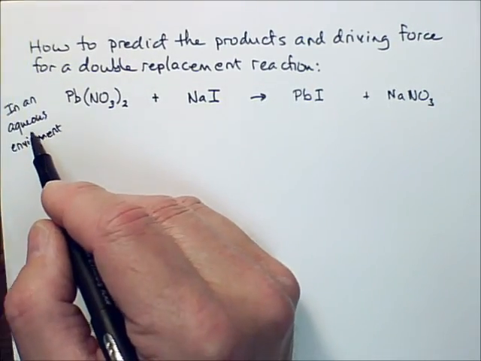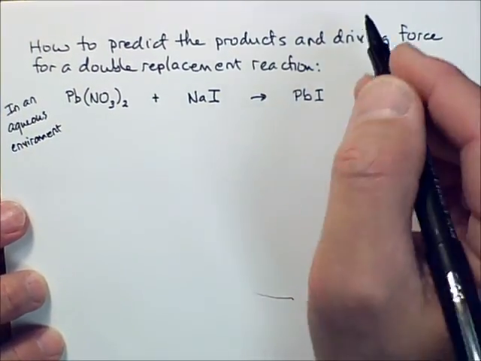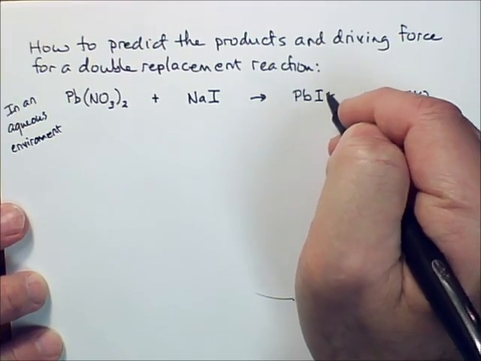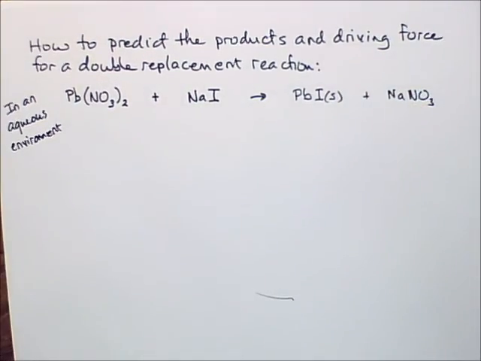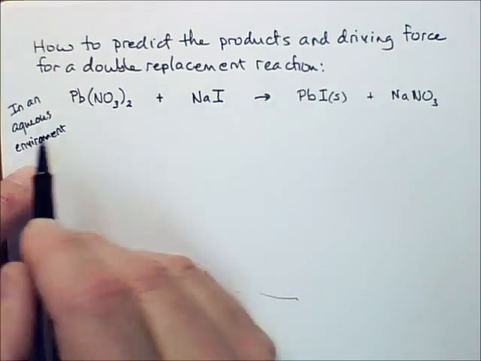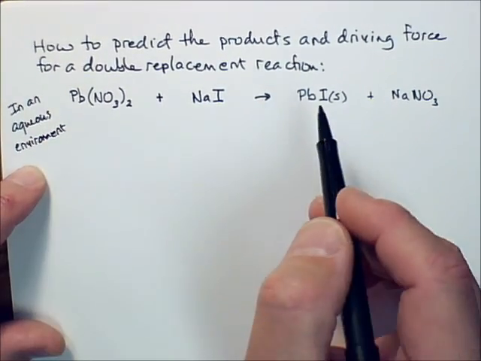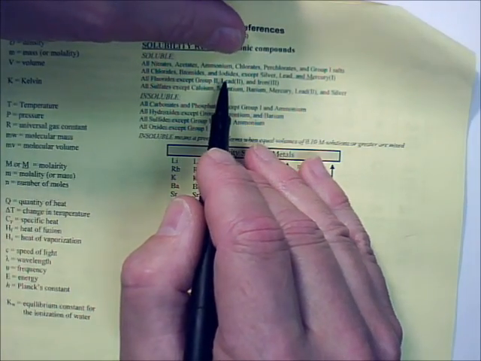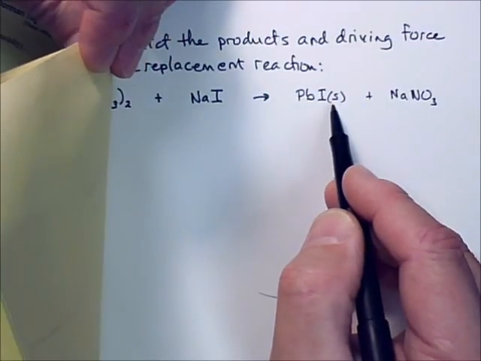When there's an aqueous environment, insoluble means it's a solid. Okay, let me repeat that. In an aqueous environment, if a compound like iodides are soluble, they also would be aqueous.